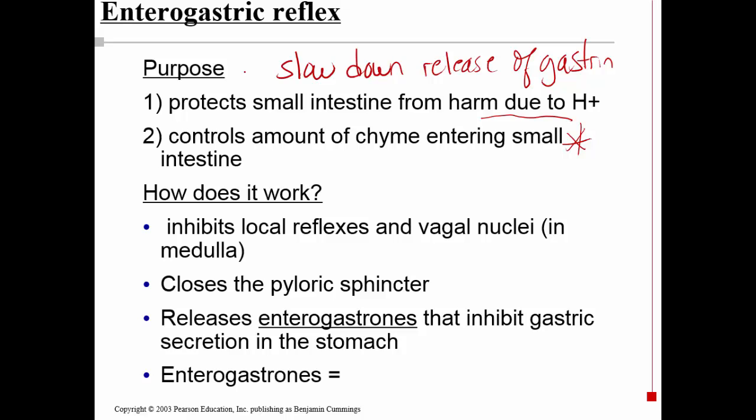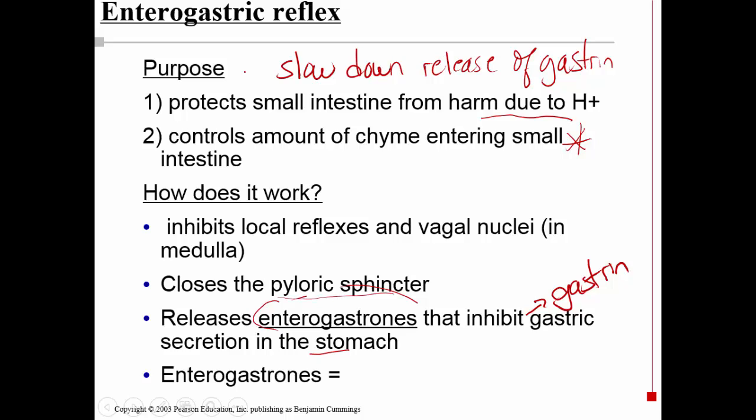So how does it work? Well, the first thing the small intestine does is release this group of hormones called enterogastrones. And these are produced in the small intestine. And what they inhibit is gastric secretion, but really what that means is they inhibit gastrin release in the stomach. The other thing that these hormones do is cause the pyloric sphincter to close.